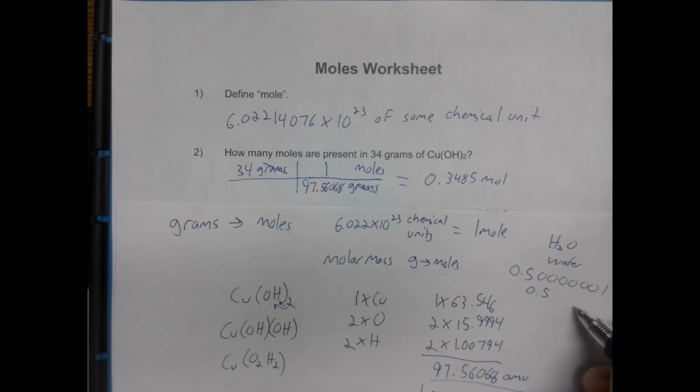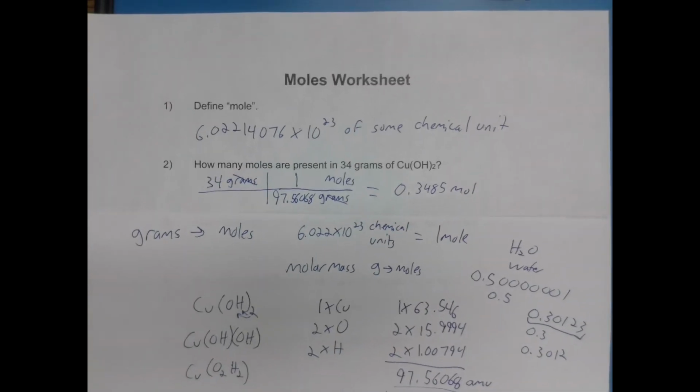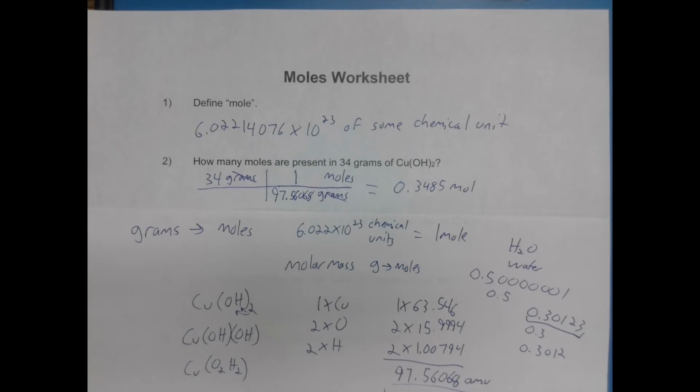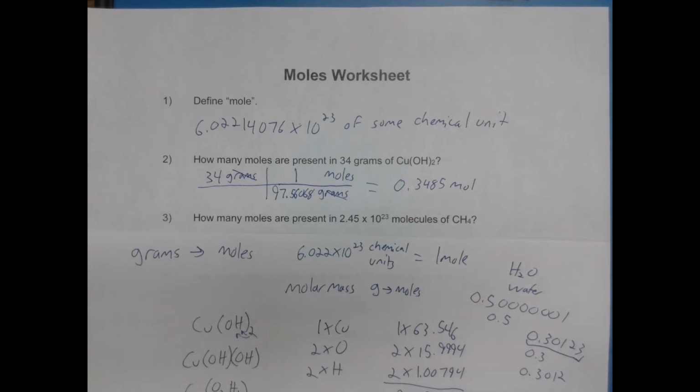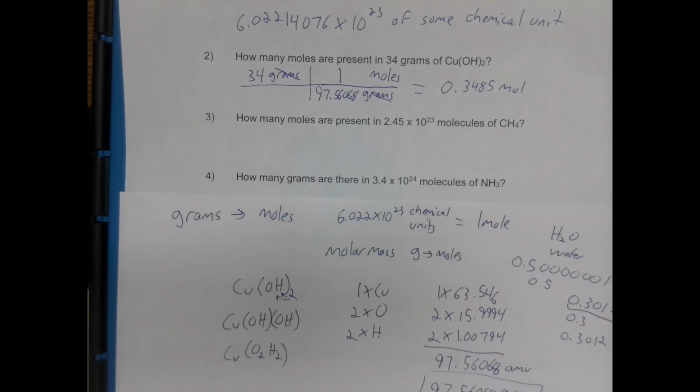However, if you get an answer that is 0.30123, do not round it as 0.3. I want at least 4 or 5 numbers. So you could round it to 0.3012, but this is the least you can round it to. So from now on homeworks, write at least 4 or 5 numbers and always show your work.